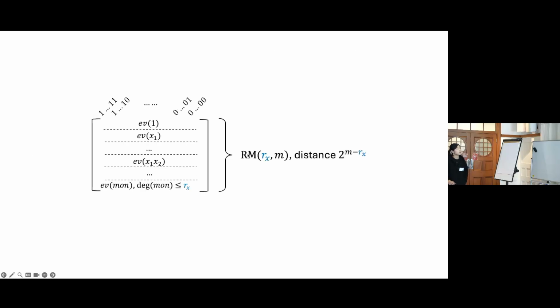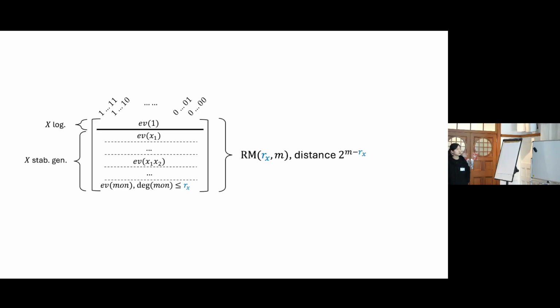Okay, so what I've just said is that this evaluation picture is basically the Reed-Muller code in dimension m and up to degree Rx. It contains the evaluation vectors of all the monomials of degree up to Rx. The distance here, I'm not going to prove it because it's not really relevant for us.